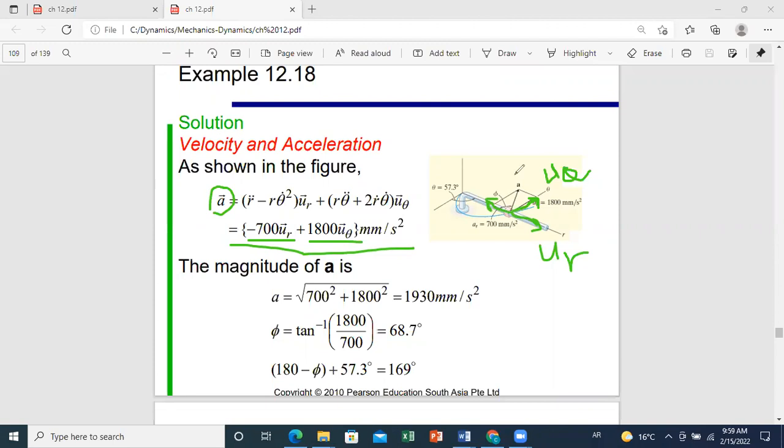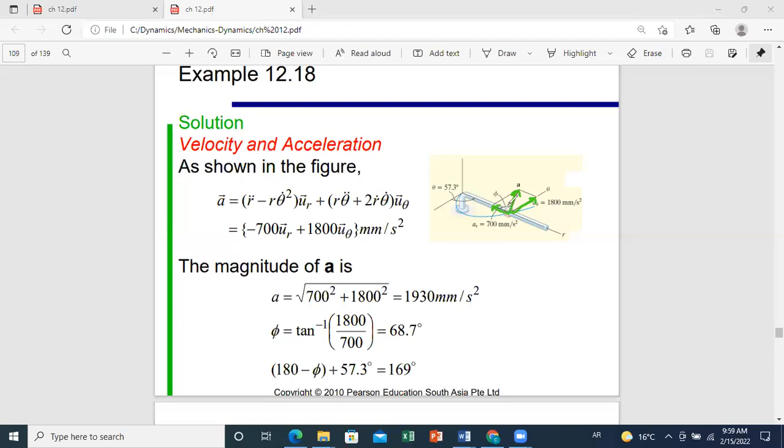Now, once I determine A_theta and A_r, and I represent my acceleration vector, which is here, then I can find the easiest angle. The angle here will be between negative U_r and A. So I choose the angle lower than 90 degrees.